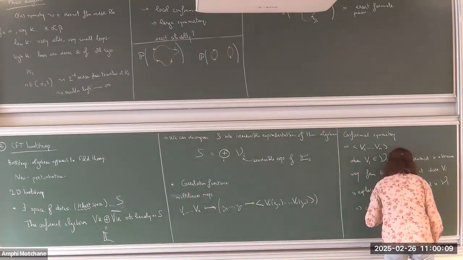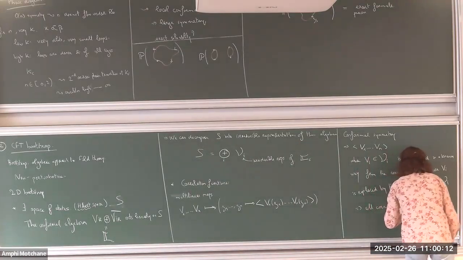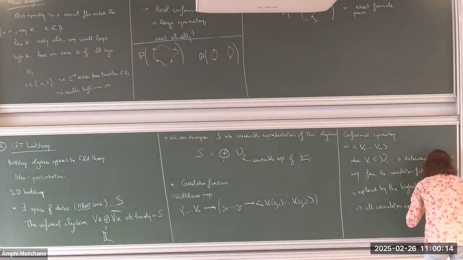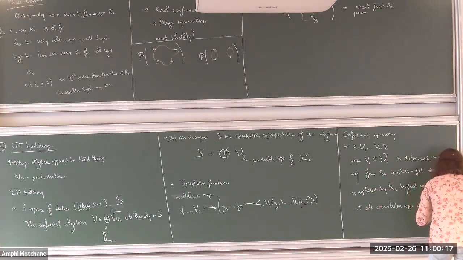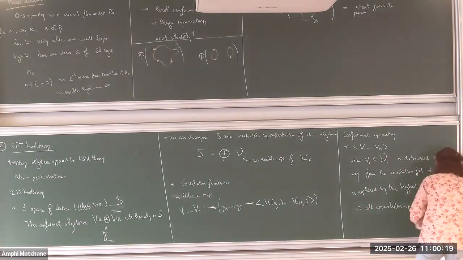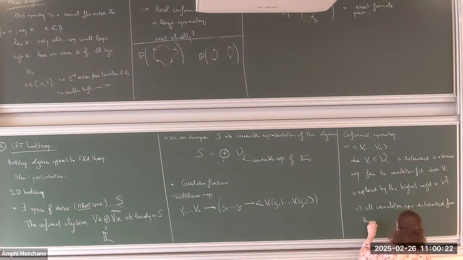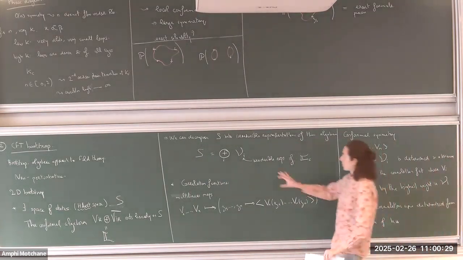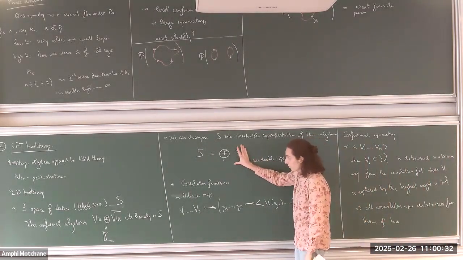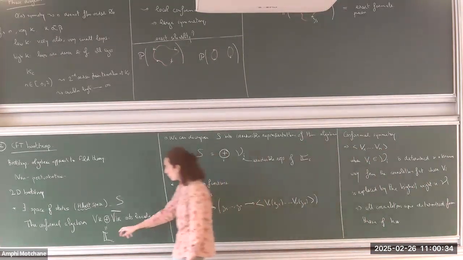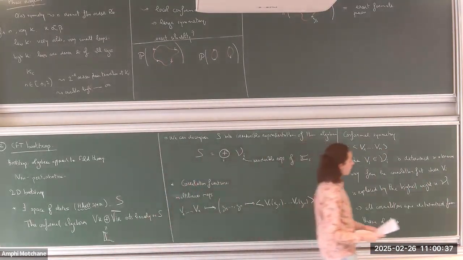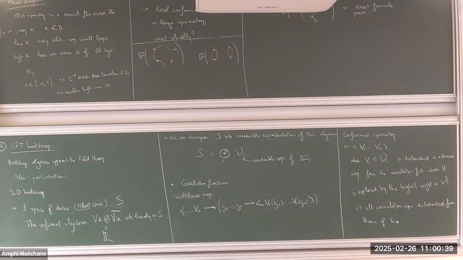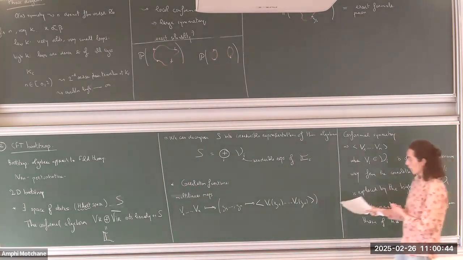All correlations are determined from those of highest weight. What's the highest weight? The representations here are irreducible representations, and you can study the representations of the conformal algebra, and then you will see that all representations are highest weight representations, exactly as happens for SL2. All of you probably know the representations of SL2.